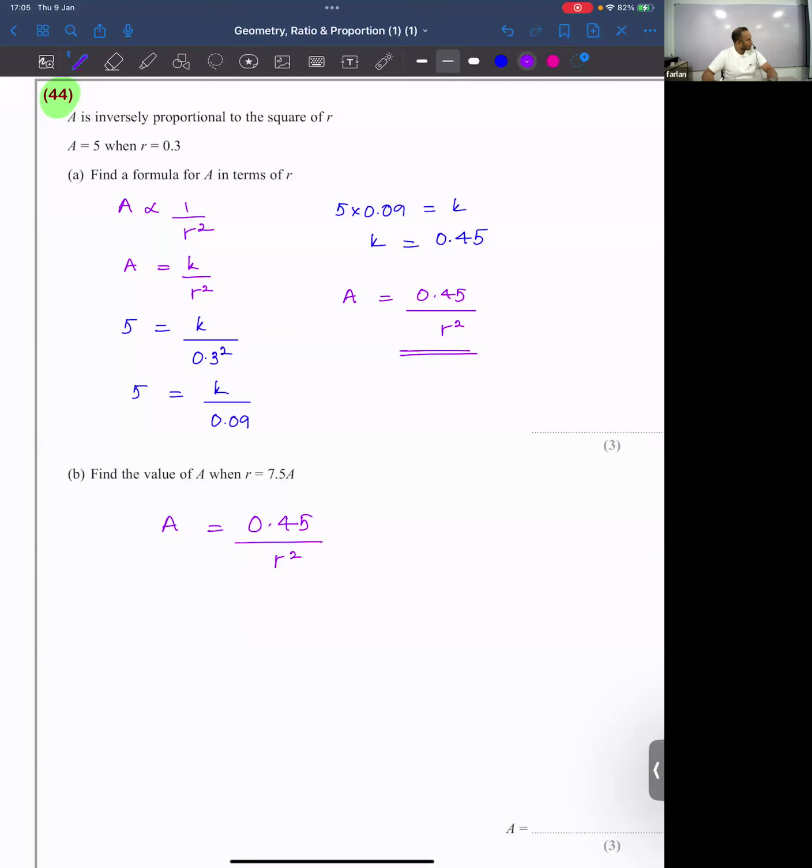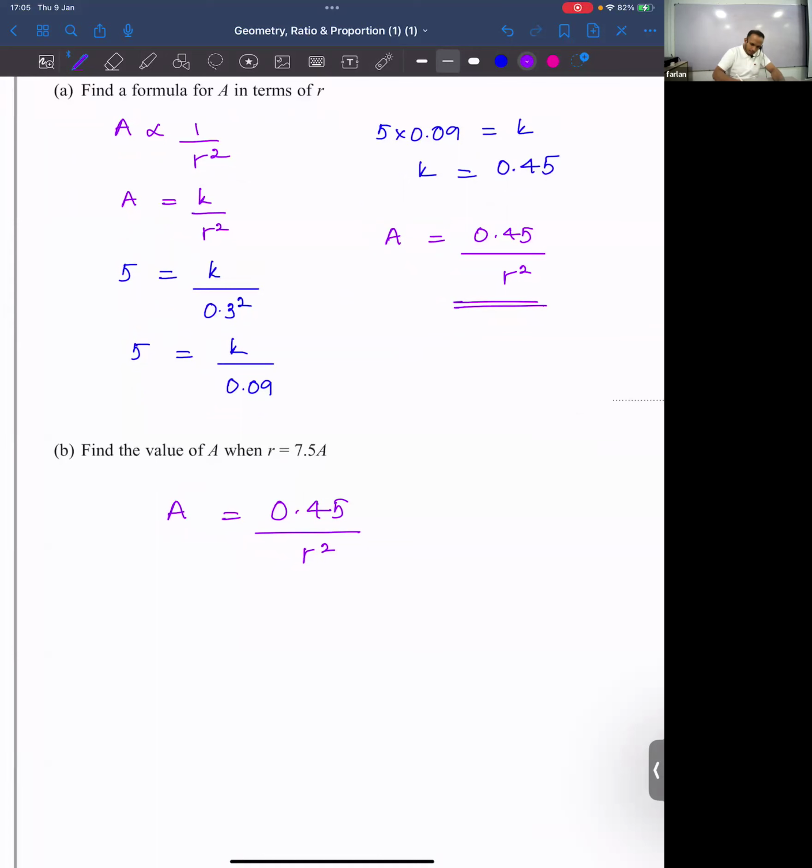If I cross multiply, A into R square is equal to 0.45. Now they have given R is equal to 7.5A, so I'll use that here. A into R square, R is 7.5A, that square, is equal to 0.45.